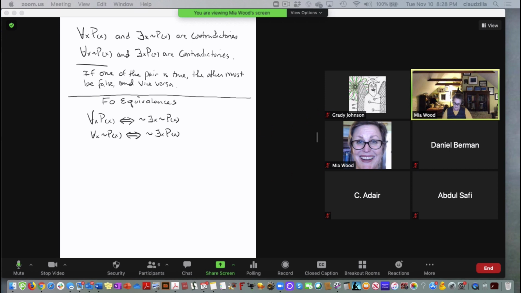Then we have the existential, which is equivalent to a universal with a negation on either side of the quantifier.